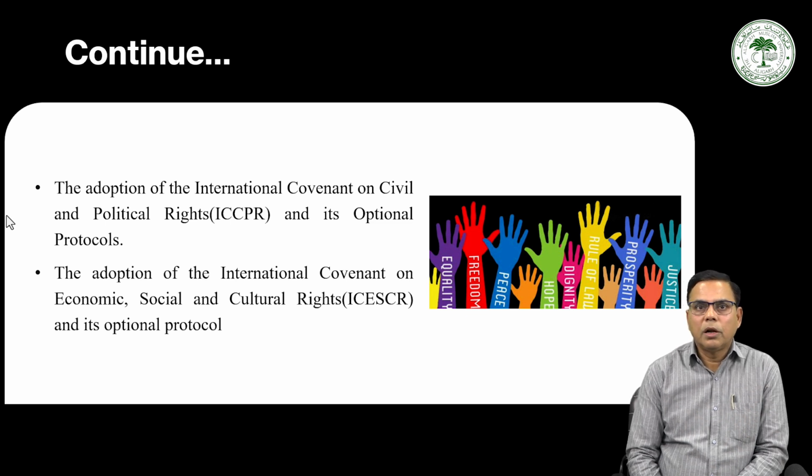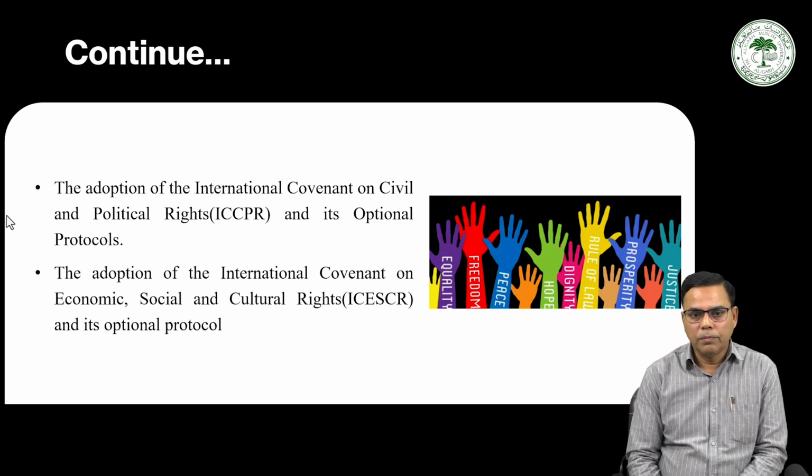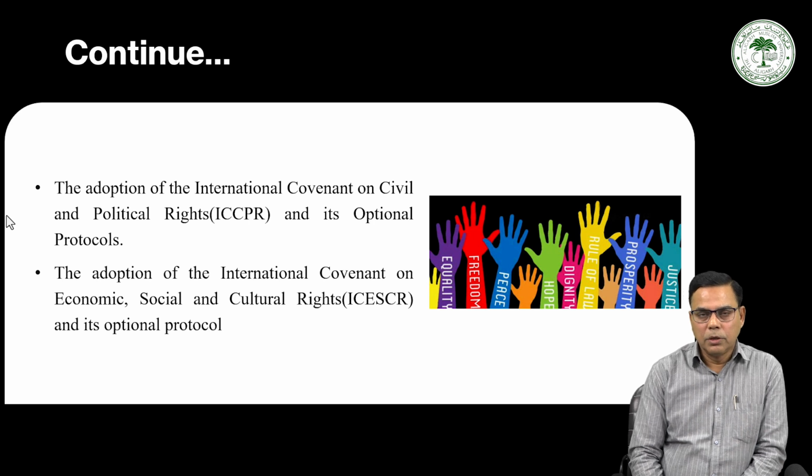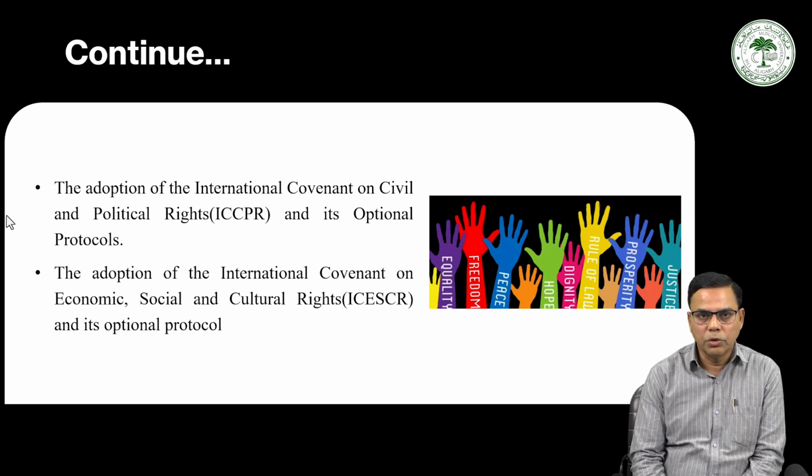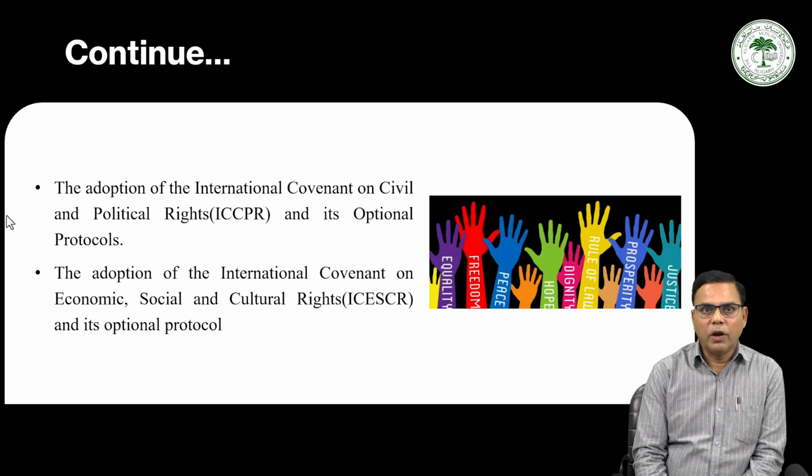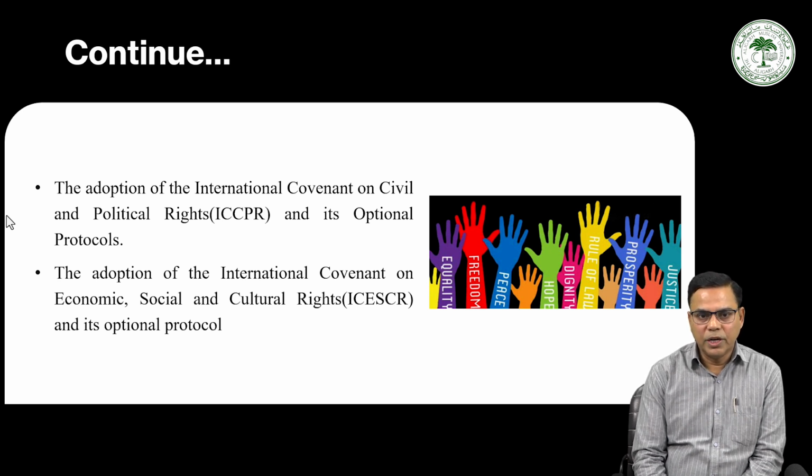The countries are expected to submit their periodic reports to the relevant body, and that body discusses the reports submitted by the countries. These country reports are also supplemented by reports submitted by NGOs and other human rights organizations. So you will find a lot of discussion on this issue in the Human Rights Committee.